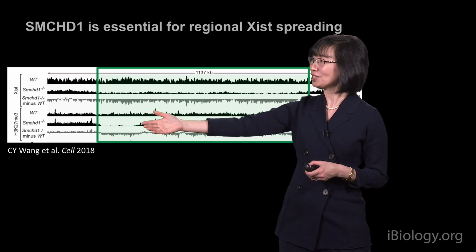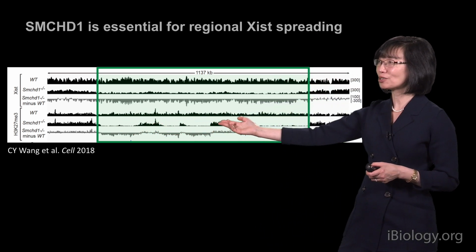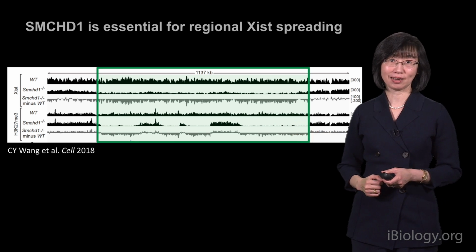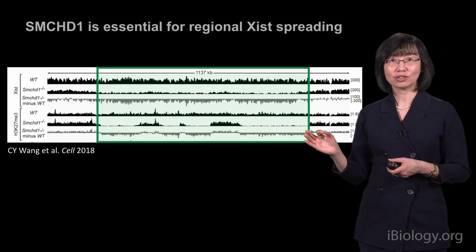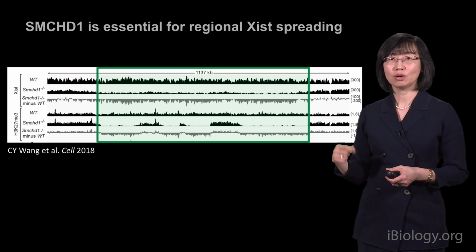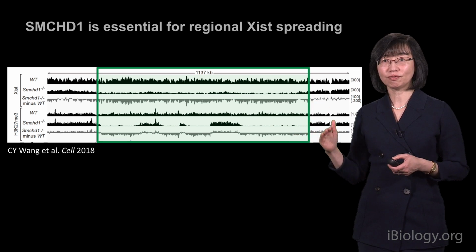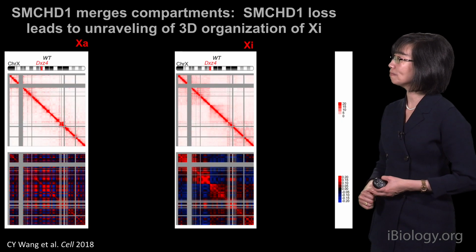And associated with that is a defect in polycomb spreading and H3K27 methylation across that same domain. So SMCHD1 is very important for regional spreading of Xist, and the loss of SMCHD1 results in a defect of spreading as well as a focal loss of H3K27 methylation.